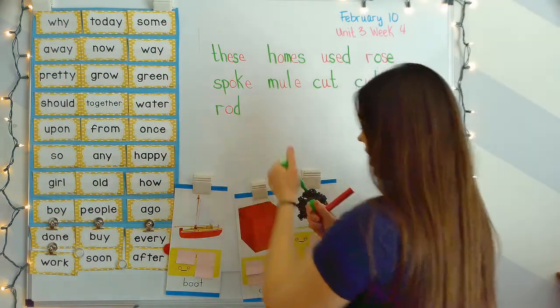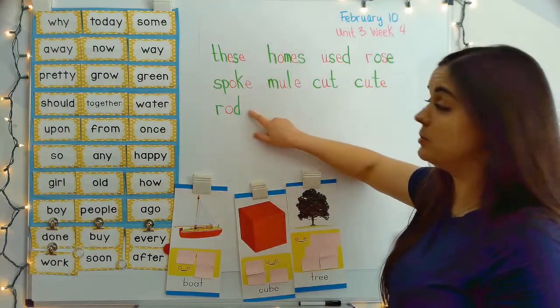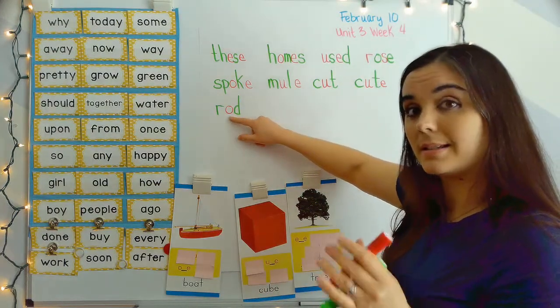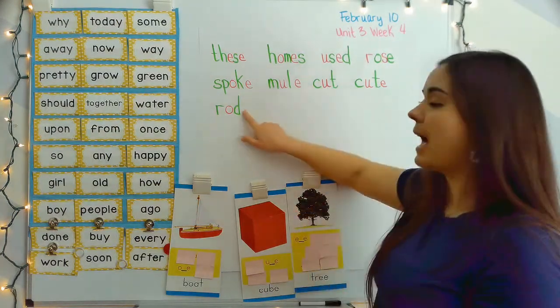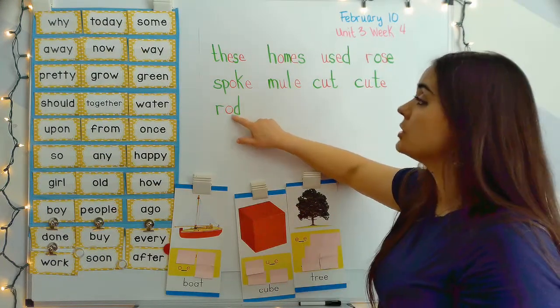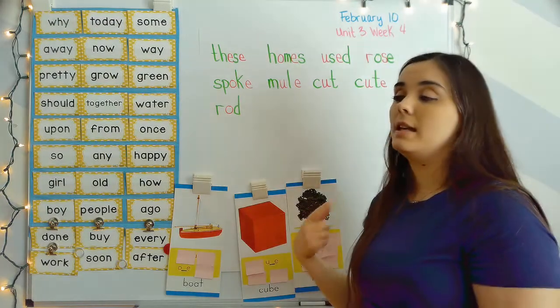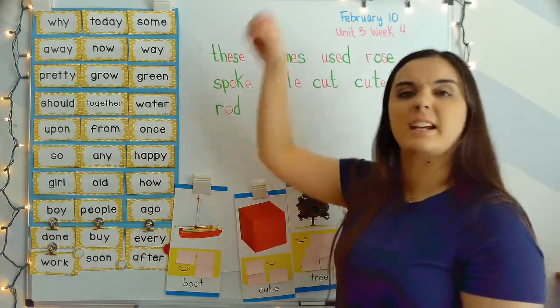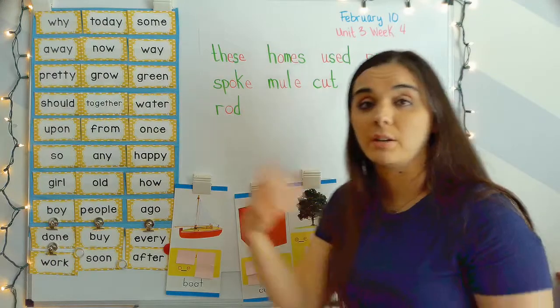Odd. Rod. So there's no E here, which means that the O is short. Soon as we add an E there, it changes the meaning. It becomes a whole different word. So rod is like a stick or some kind of pole, like a fishing rod.